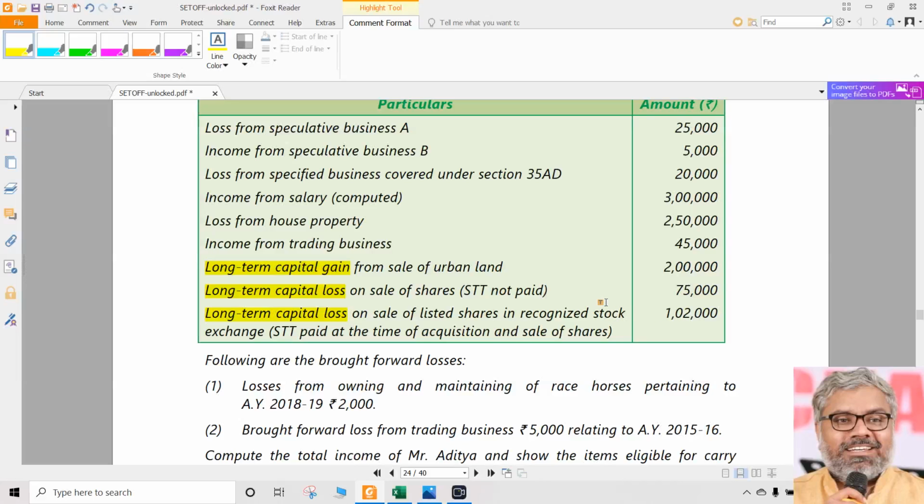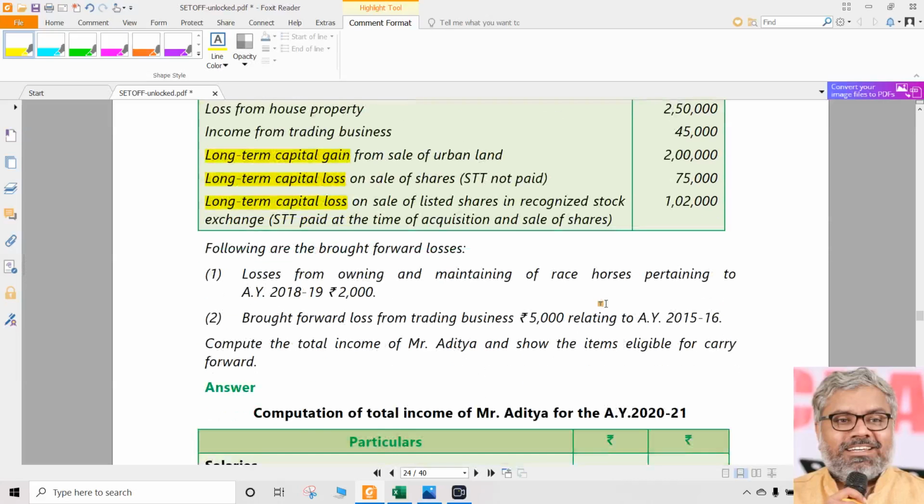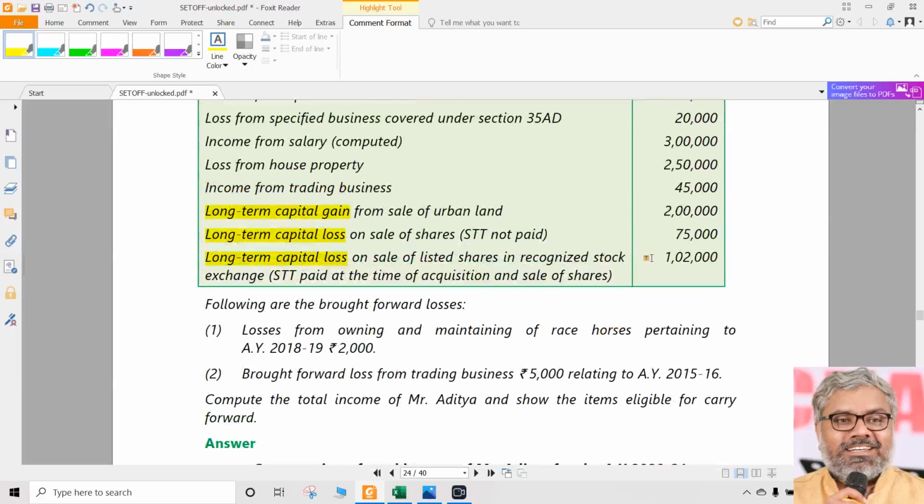The answer is no. Exempted income, when we say, it is fully exempt income. This is not fully exempt. It is only exempt to the extent of 1 lakh, and we don't have to worry about that 1 lakh now. That is only a benefit that was given, that 1 lakh rupees limit. Other than that, there is no other problem with this income, or loss actually, to be set off.